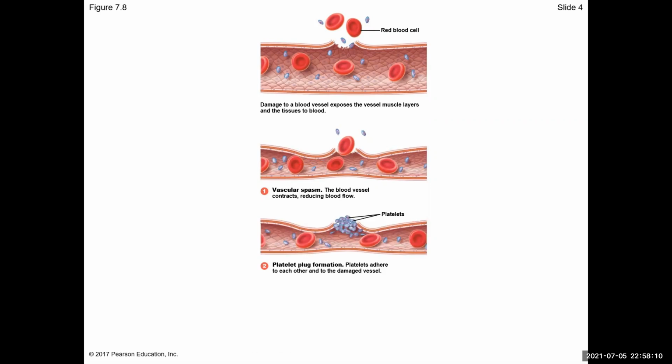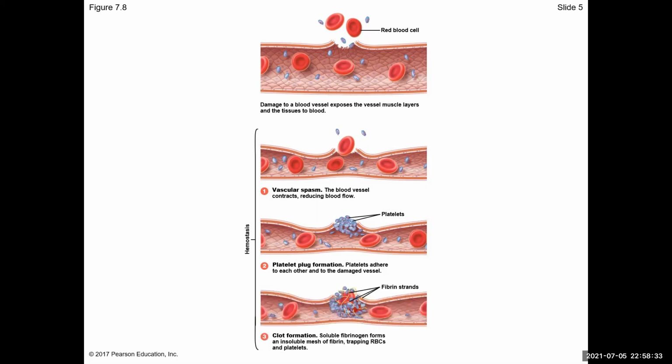After that, you have the platelet plug forming. So all of the platelets will come in and they will adhere and bind to one another and try to start plugging that opening of the damaged vessel, right? And then you start getting the release of prothrombin being converted and then causing the conversion to thrombin, right?